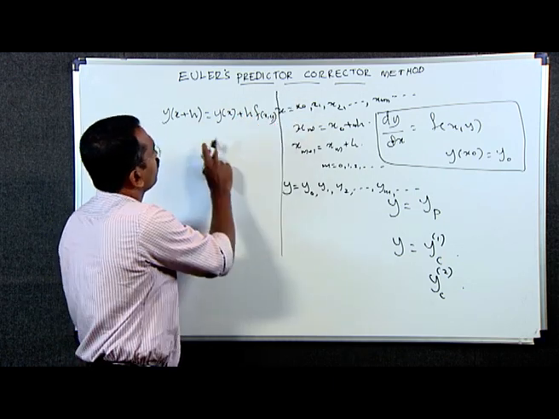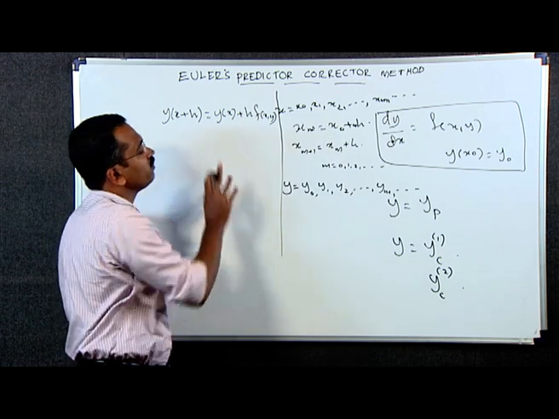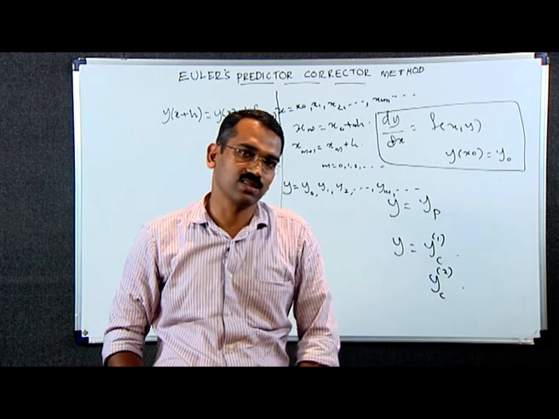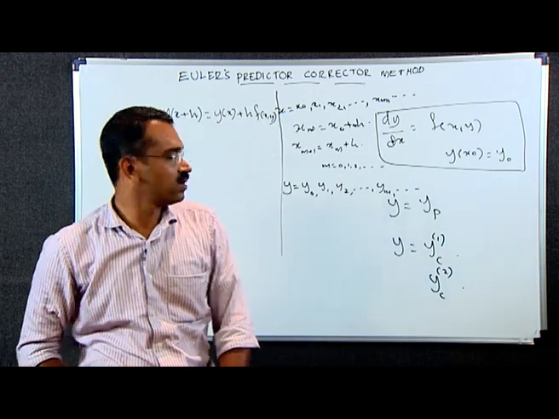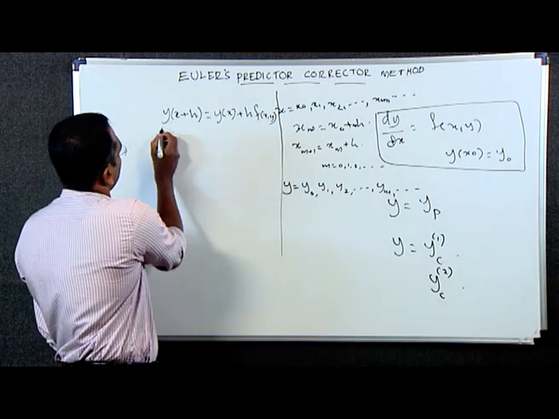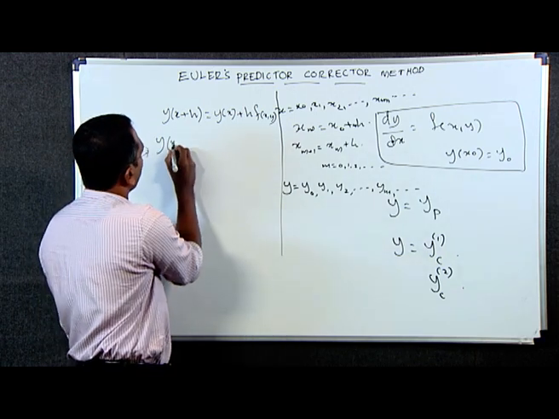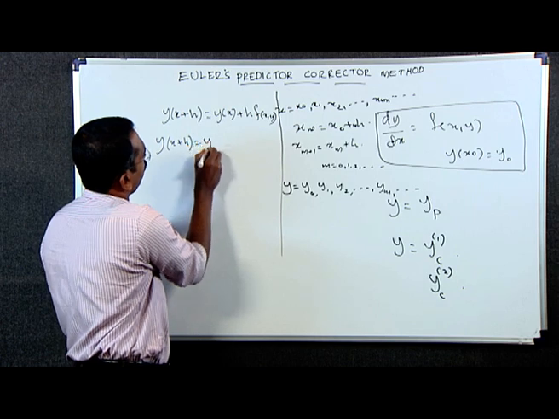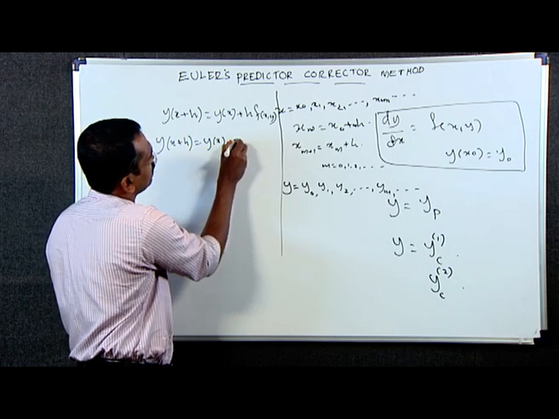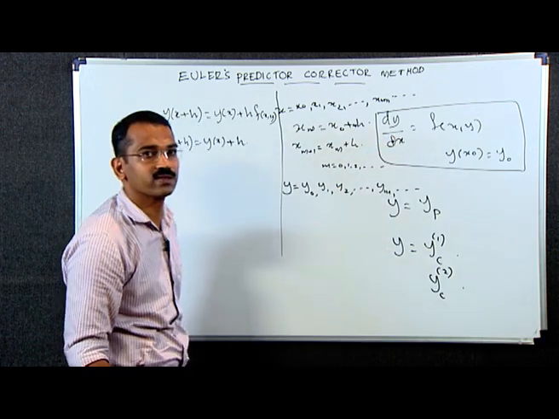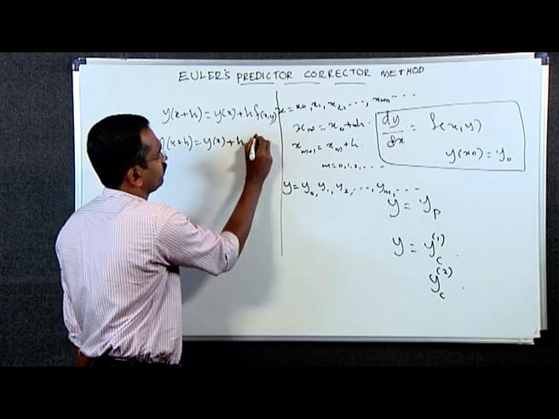This is from the Euler's method, which we already discussed in the previous sessions. That is, this can be written as y of x plus h is equal to y of x plus h into f of x, y, where f of x, y is dy by dx, that is y dash of x.